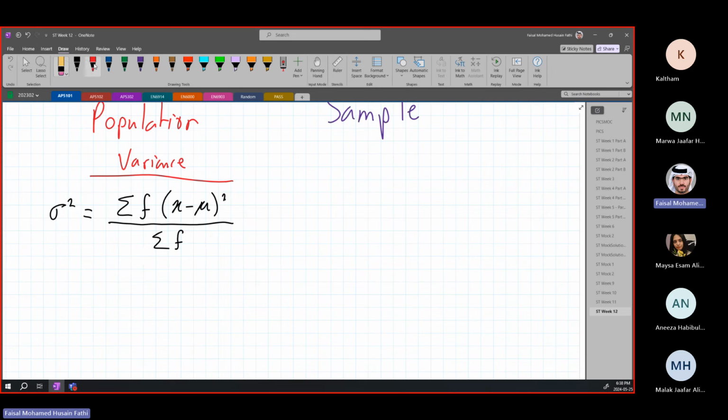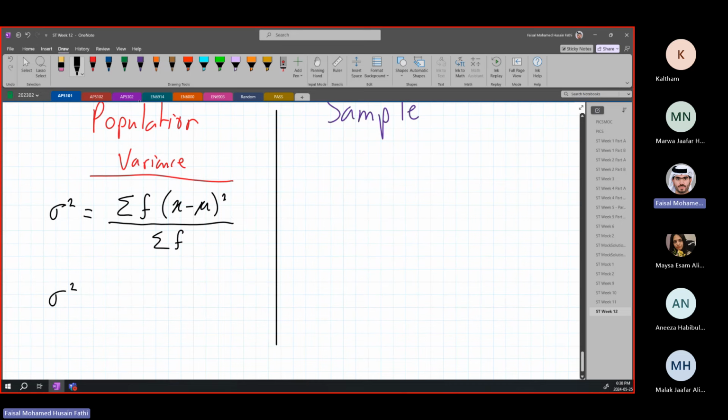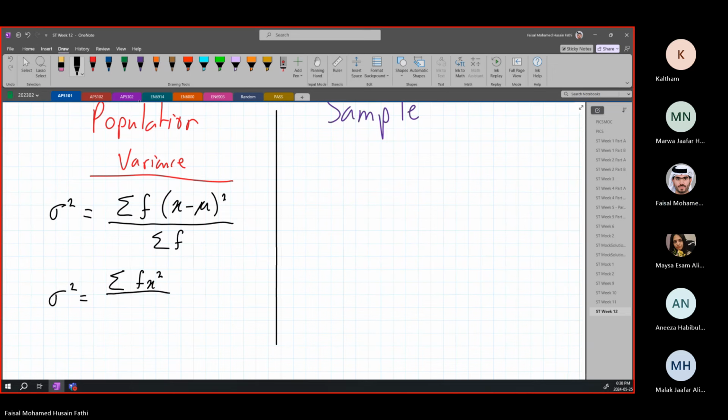And the simplified version of this, again, we are just talking about population at the moment. The variance is going to be sigma fx squared over sigma f, minus all squared, sigma f times x over sigma f.